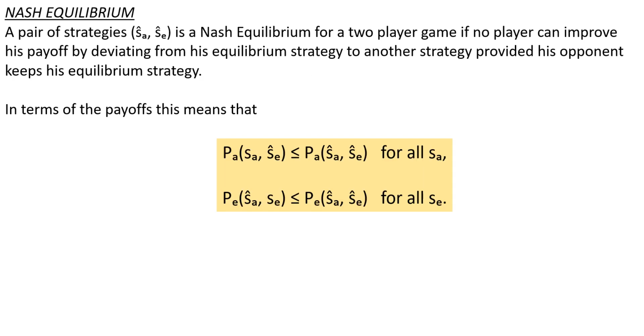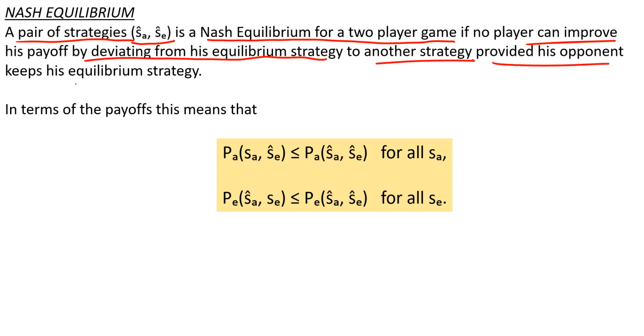So first of all, let's start with what Nash equilibrium is. A pair of strategies S hat A, S hat E is a Nash equilibrium for a two-player game if no player can improve his payoff by deviating from his equilibrium strategy to another strategy, provided his opponent keeps his equilibrium strategy.